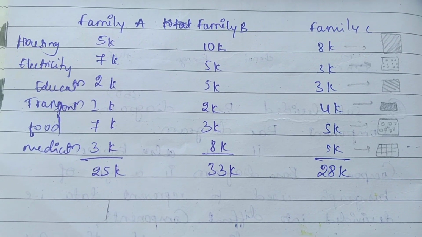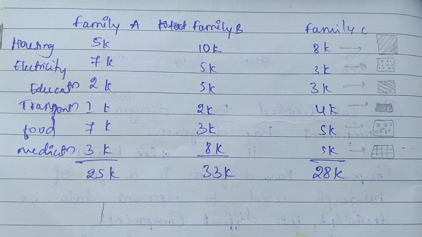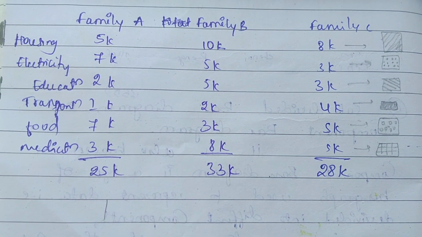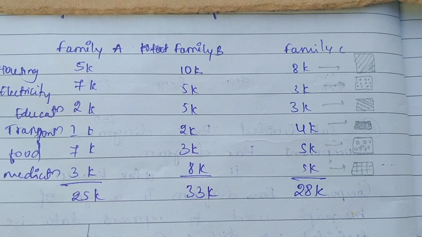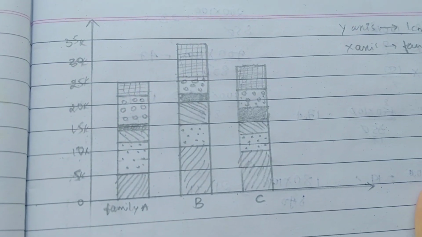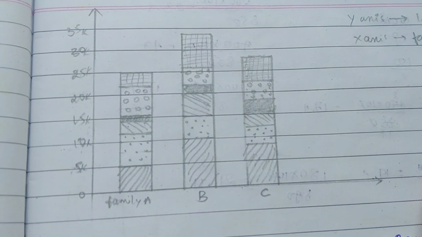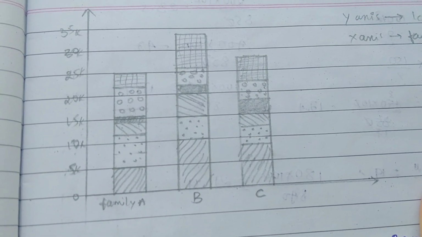For housing, 5k for family A, family B 10k and family C 8k. According to how they were using their expenses, we have presented the graph, and it shows the different subdivisions in the graph bars.